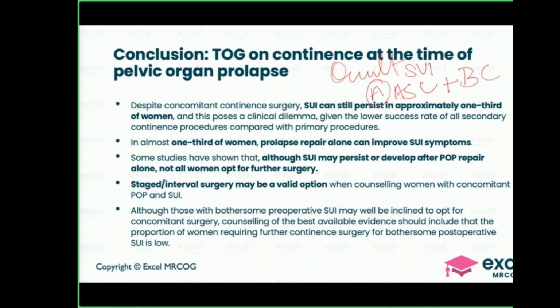If they say it is overt SUI with pelvic organ prolapse, say it's a vault prolapse, then you choose sacrospinous fixation, or maybe sacrohysteropexy if there is a uterus, plus your fascial sling surgery. This is the only thing that is conclusively mentioned anywhere, but most of the evidence is saying that it is debatable.